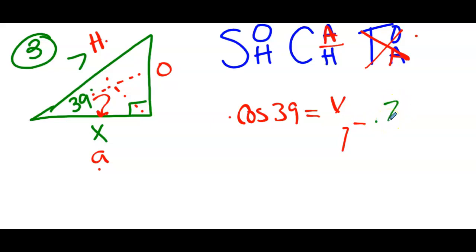Multiply both sides by 7. Type that into my calculator. And when I do that, I'm going to get 5.4 is equal to my x, because my 7's are going to cancel. Okay? And that's my answer, 5.4.